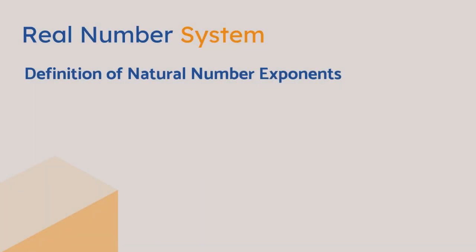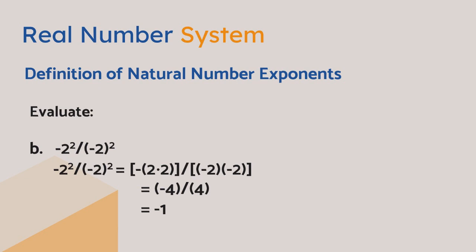Proceed with caution. If you have an answer, then proceed so that you can understand. If you want to study the solution for the first example, you can pause it before you continue. So we have here -2 squared divided by the quantity -2 squared.